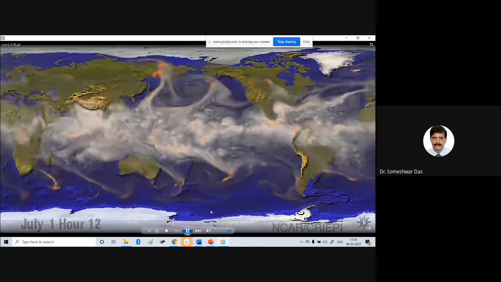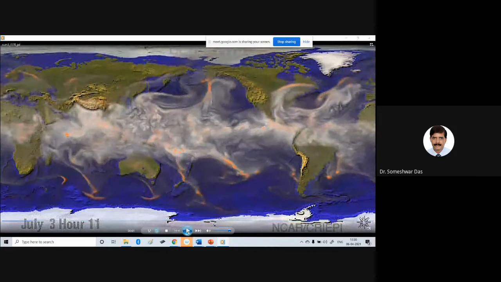If you look carefully, sometimes you can see the vortices, how during a monsoon season several vortices form over the ocean, and some of them intensify into a cyclone, or if they are in the Pacific region, they form a typhoon.